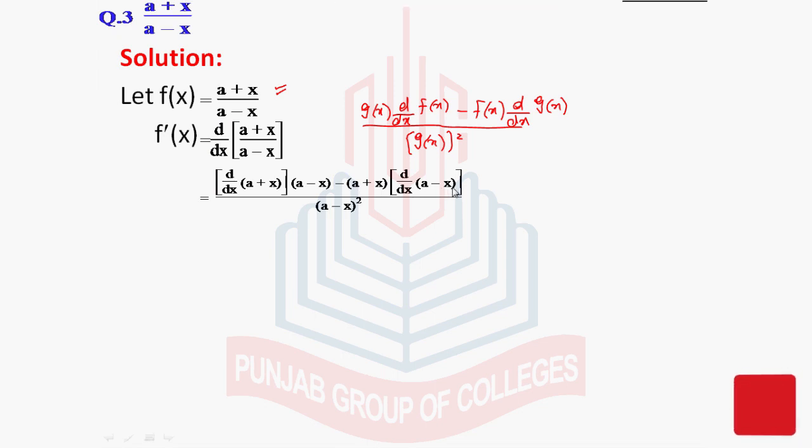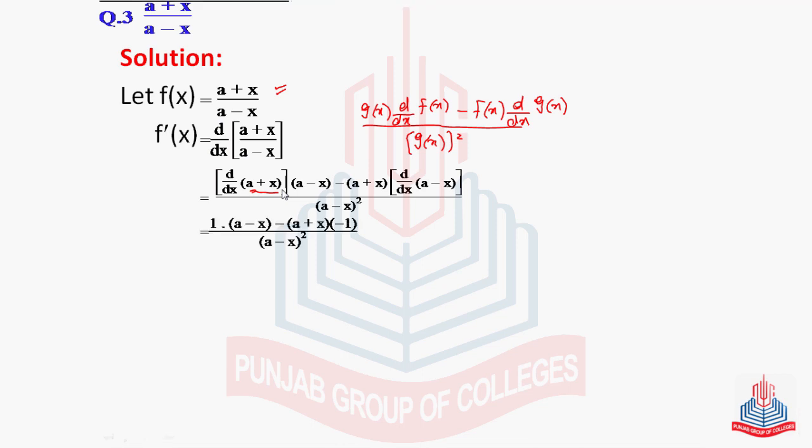As this a is a constant term, when we apply the derivative of a + x, then by using the sum theorem, the derivative will apply on a and the derivative will apply on x. As a is a constant term, its derivative will become 0, and when we apply the derivative on x, that will become 1. So this is the result.